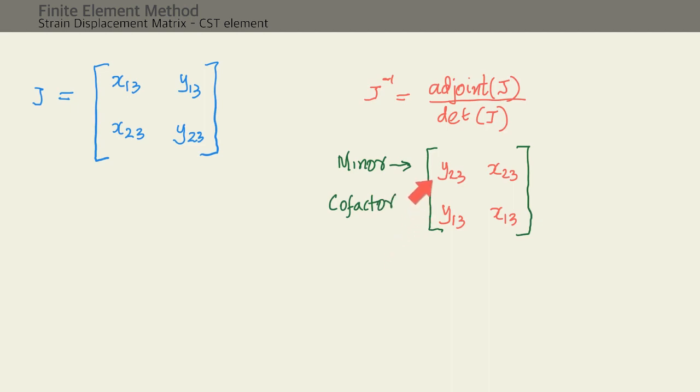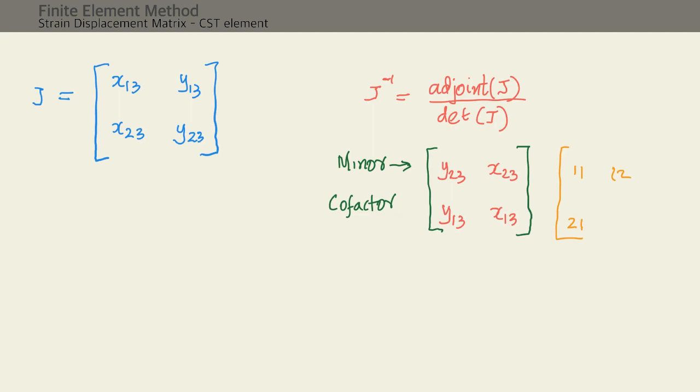This matrix is a 2-row and 2-column matrix. The first element is the first row and first column. I am writing the row and column index here. The next element is the first row and second column, this element is second row, first column, and the last element is second row, second column.